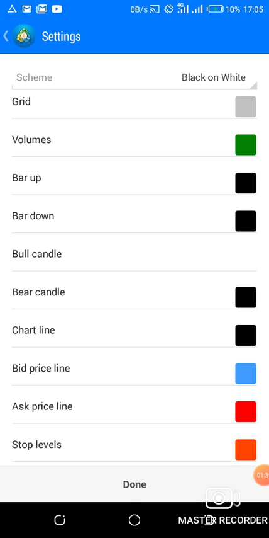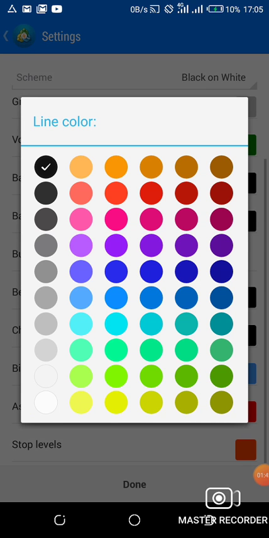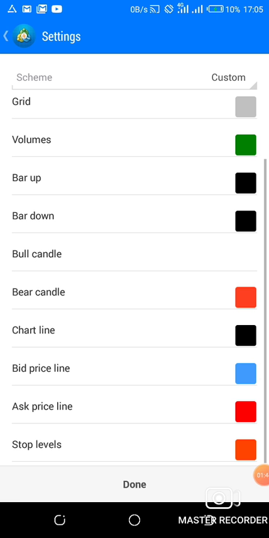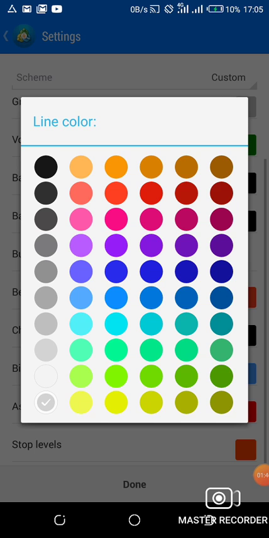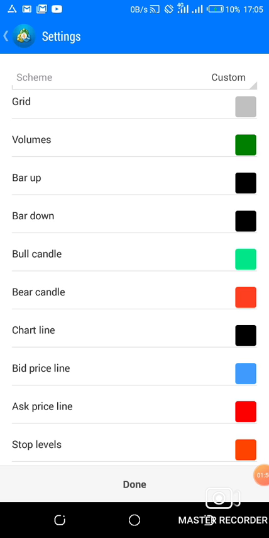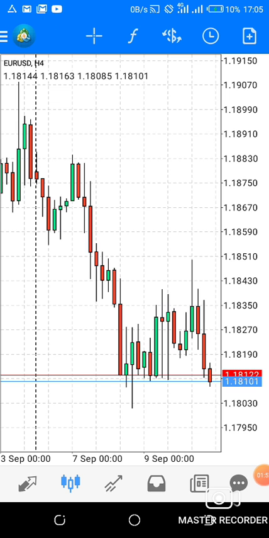Bearish and bullish. I can make my bearish to be red, and I can make my bullish to be green. Then I say done and move back to my candles.